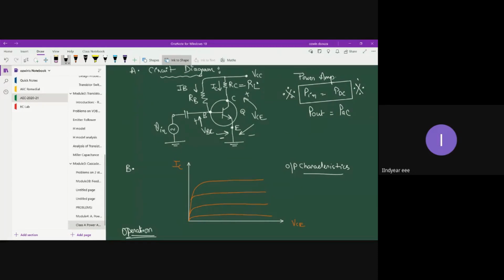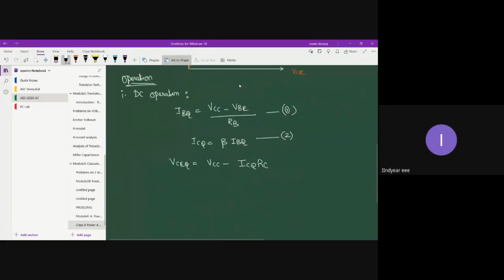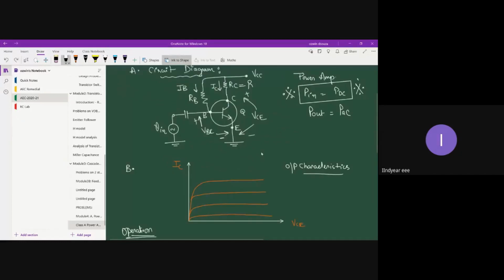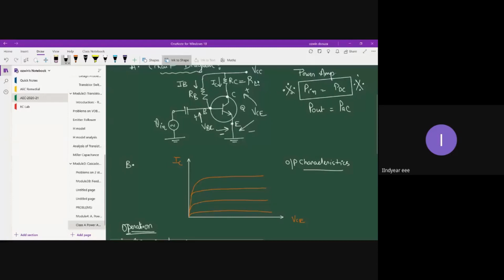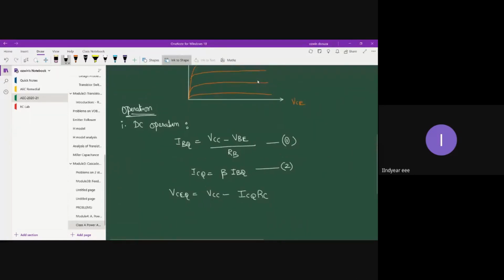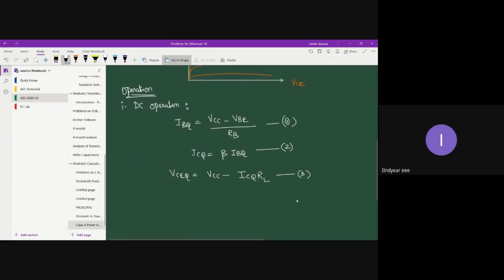What you have to understand is that in a class A series fed power amplifier, the load resistor itself is the collector resistor. So just to be in line, I will take this as RL. So this is your third equation.